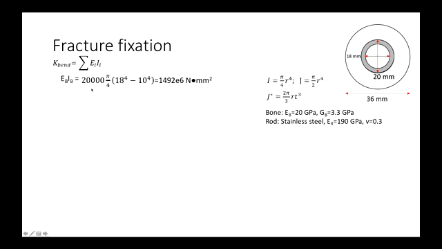So 36 divided by 2 gives 18. 18 to the 4 is the outer diameter's second moment of area, subtract the inner, the 10. So you get that value.